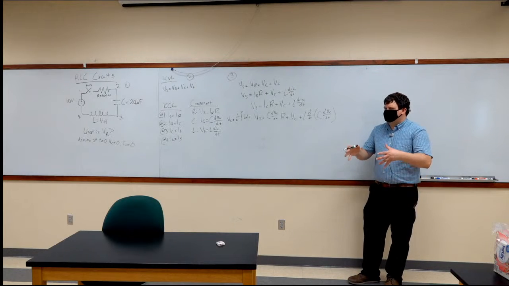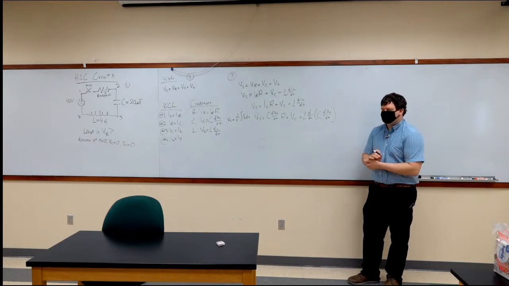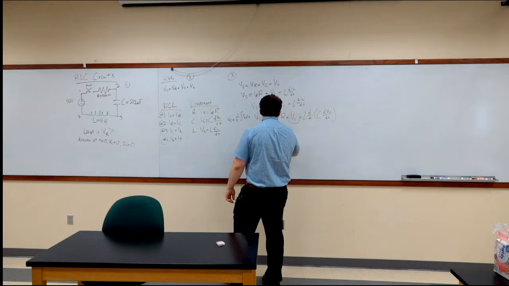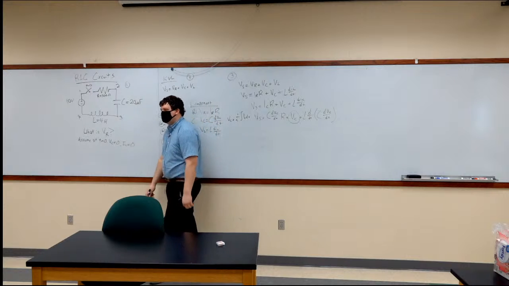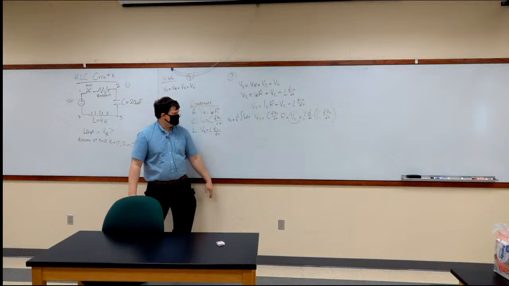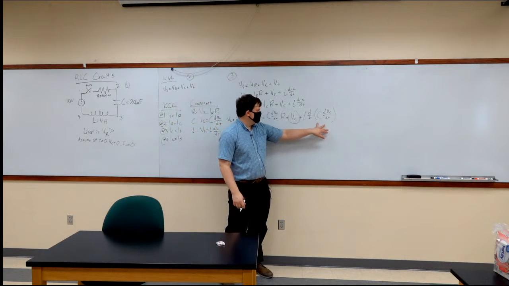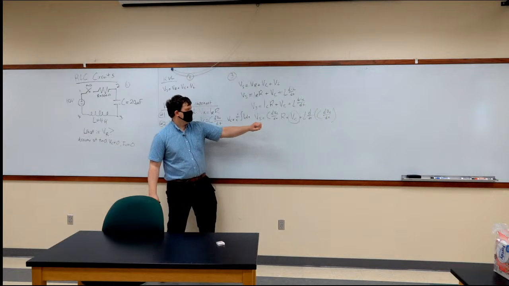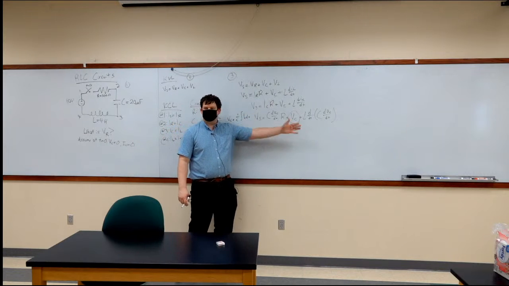Let's go ahead and clean this up a little bit. I'm going to put that at the end. We'll take this one first because it has a double derivative, this one next because it has a single derivative, and we'll finish with VC. So I'm just going to rewrite this equation.